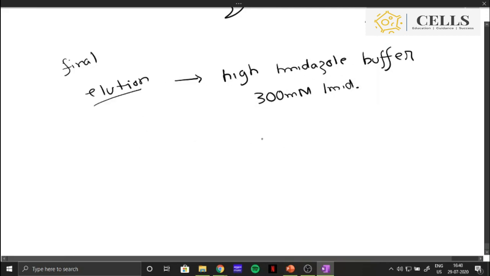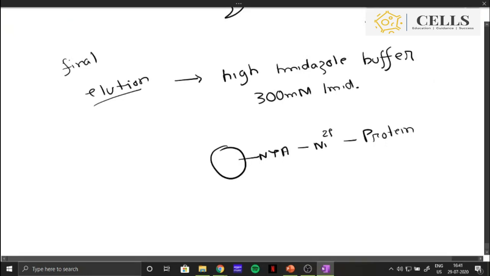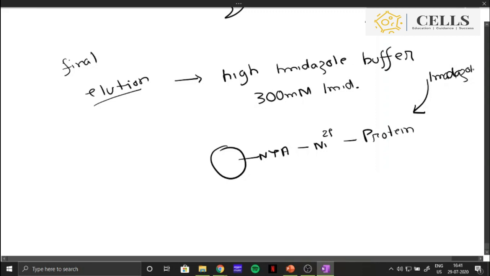What this high imidazole does is, suppose there is an NTA, nickel, and you have the protein. Imidazole will come because the concentration is too high, and it will remove that protein.